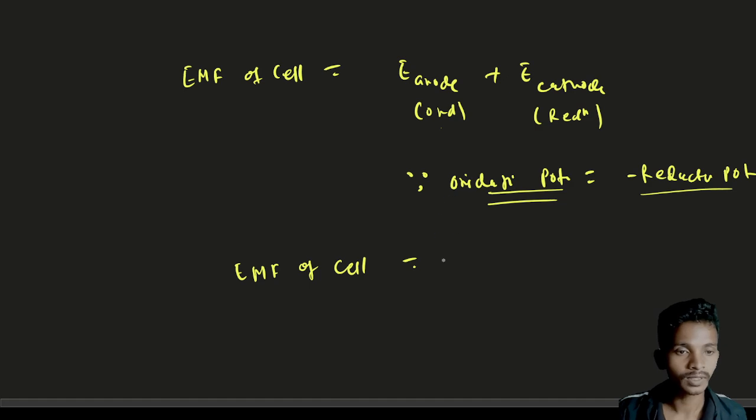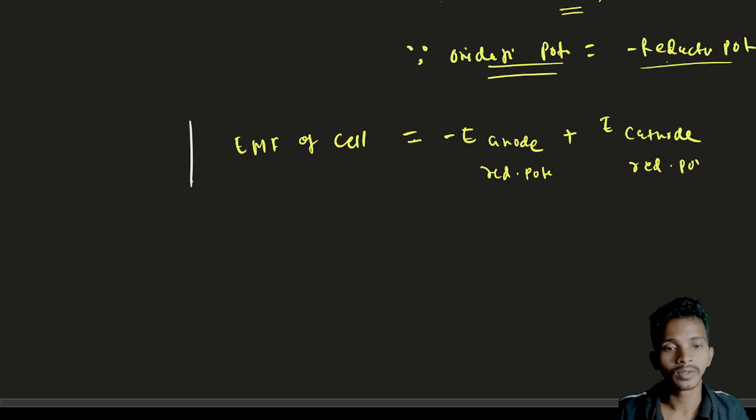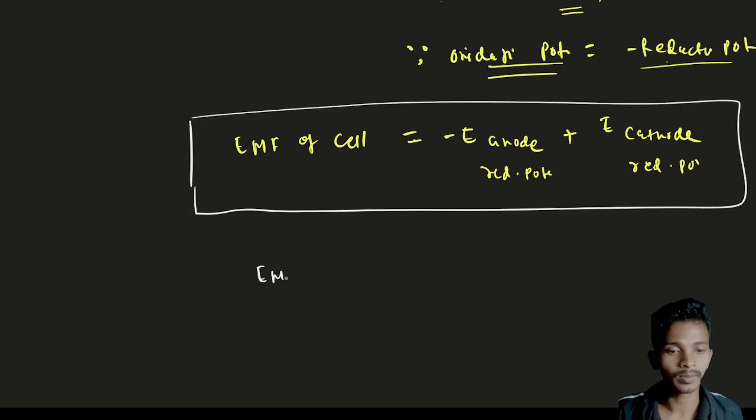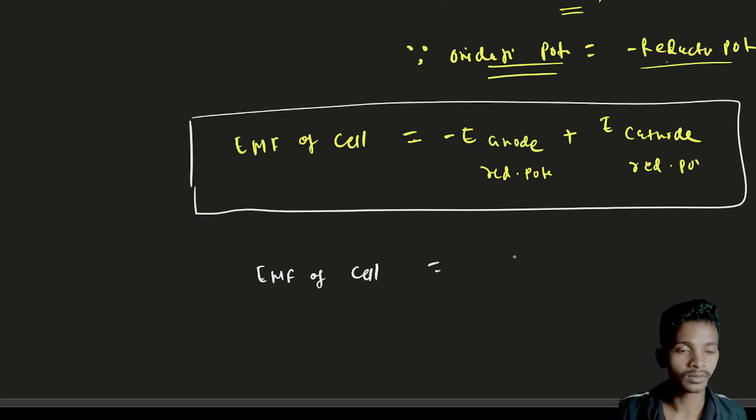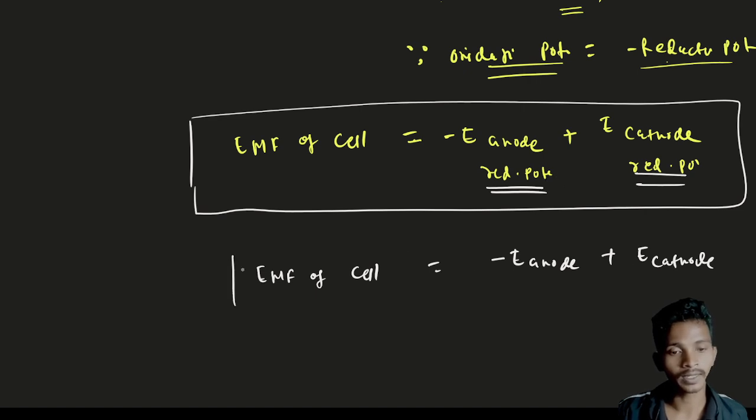So I write minus E of anode, and E cathode is already a reduction potential, so it is positive. Everybody knows that IUPAC only takes reduction potential, so it is simply written as EMF of cell equal to minus E of anode plus E of cathode.